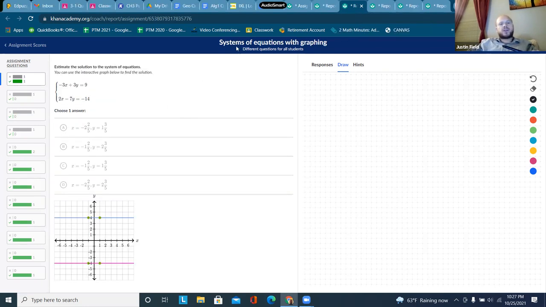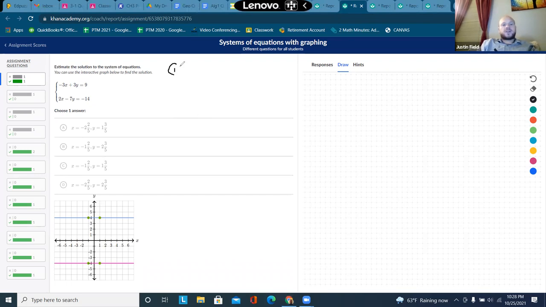Okay, next one is systems of equations by graphing. So when you are doing this, the first thing you want to look for is whether it's in slope-intercept or standard form. Because if it's in slope-intercept, you want to graph the y-intercept and then use the slope.